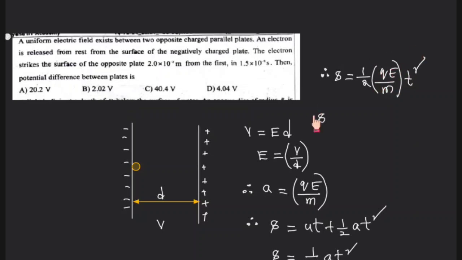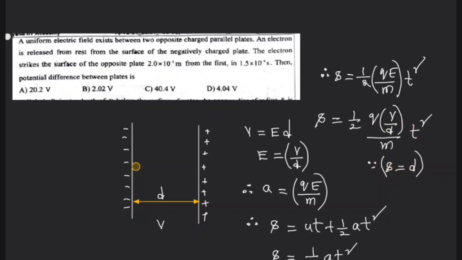E can be written as V by D, so S is half into Q into V by D into 1 by M into T square. You know all the values, and S and D are both the same. They are both the distance between the plates.